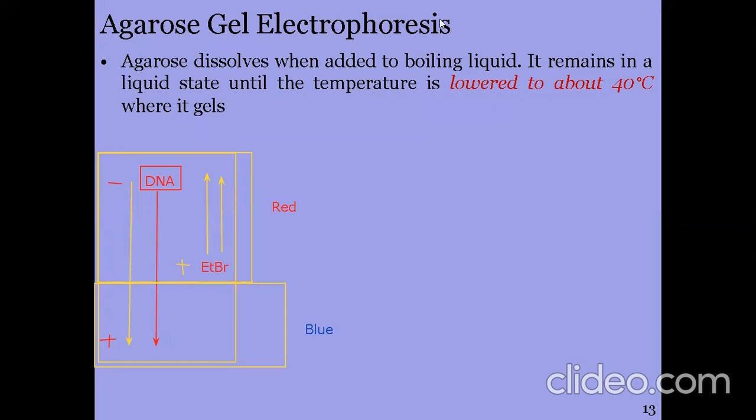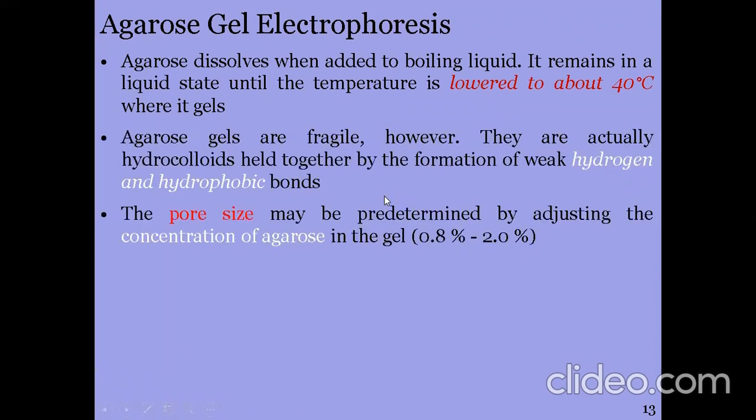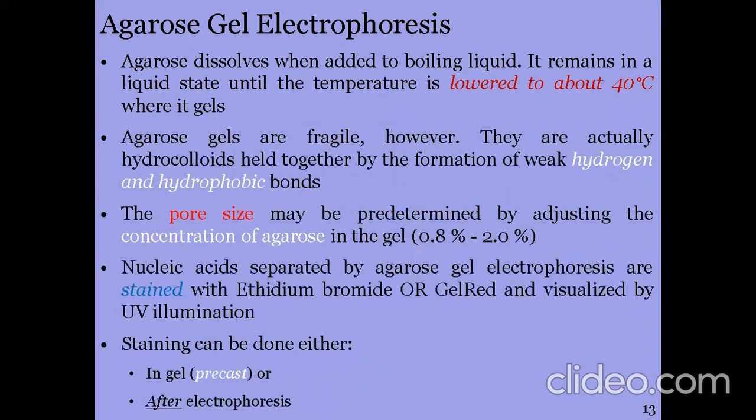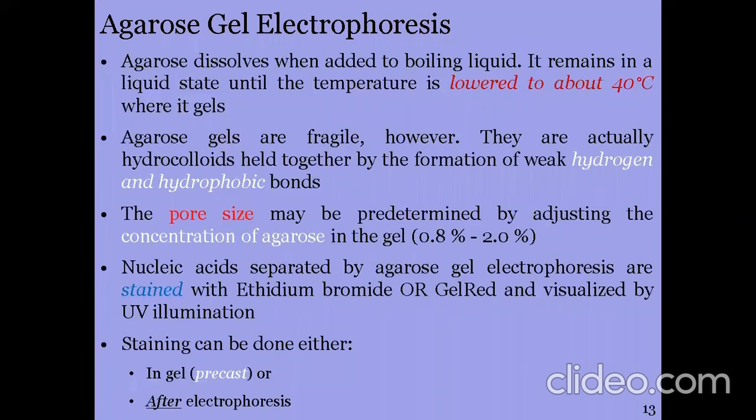Okay, and so we are done with these things, precasting and after electrophoresis, how the ethidium bromide will behave, and we didn't cover gel red. So gel red is actually the same thing.